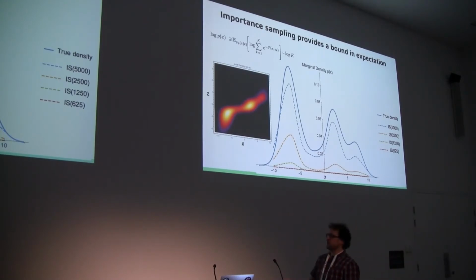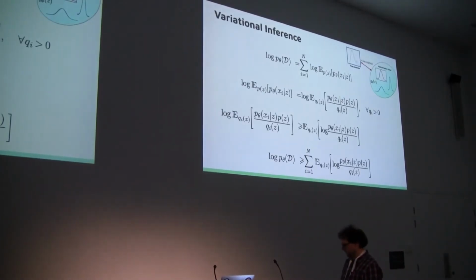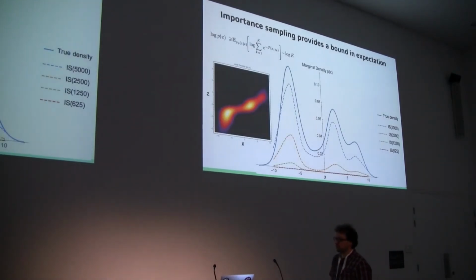But you can also notice that even though this is a very, very low dimensional problem, I had to use an insanely large number of samples for these curves to look nice. And this is one of the challenges with importance sampling: if you cannot learn this proposal density in a sensible way, it will scale very, very badly with the dimension of the problem.